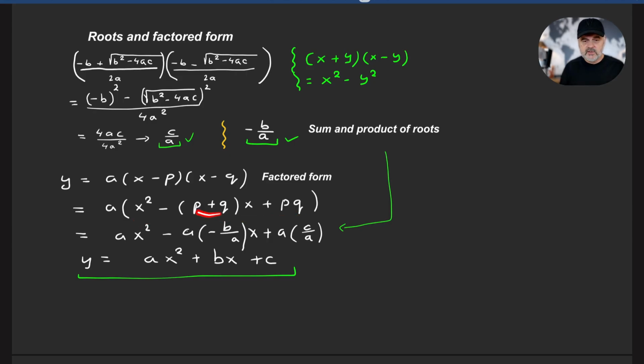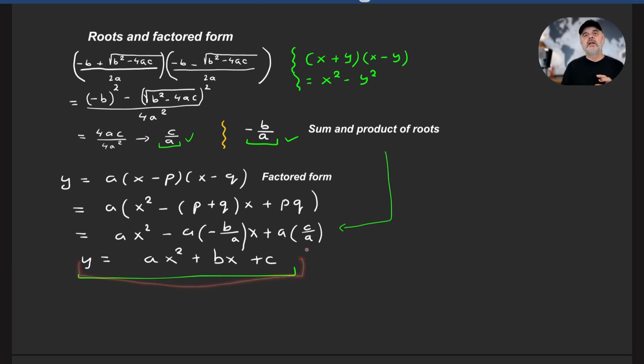Now, p plus q represents the sum of roots, so this is replaced with negative b over a, and the product pq is replaced with c over a. Simplify a, and a is gone, and all of a sudden you are back to the standard form of that quadratic function.